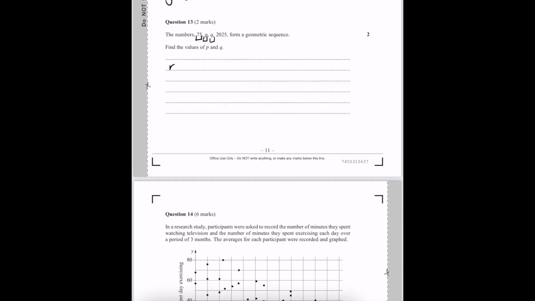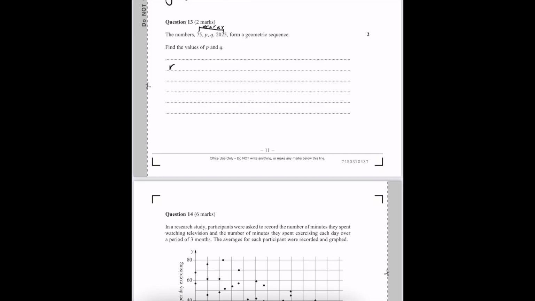And so essentially what we need to see is that to get from 75 to 2025, we need to multiply by R to get to P. We need to multiply by R again to get to Q. And then we need to multiply by that R again to get to 2025.